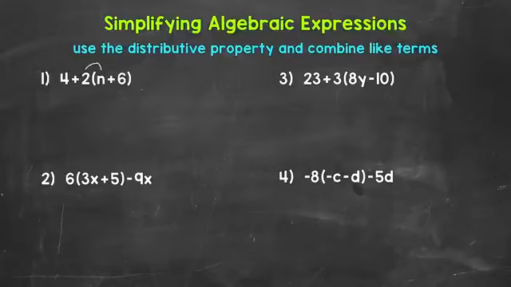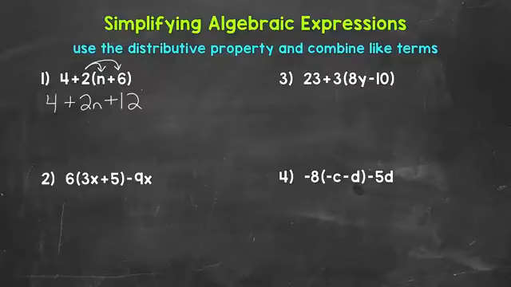So let's distribute the 2 to the n and to the 6. 2 times n gives us 2n. And then we have 2 times 6, which gives us a positive 12, so plus 12. This is a positive 2n, and then we can bring down that 4.